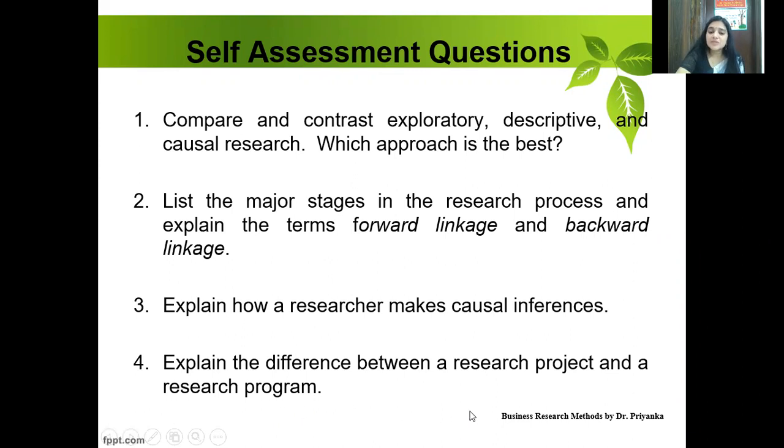Last is, explain the difference between a research project and a research program. What do you mean by research project? A research project basically is a single study that is going to conclude something, just one research study, either exploratory, descriptive, or causal, which is going to draw some conclusions, or which is actually going to give you some solution on the basis of even exploratory research.